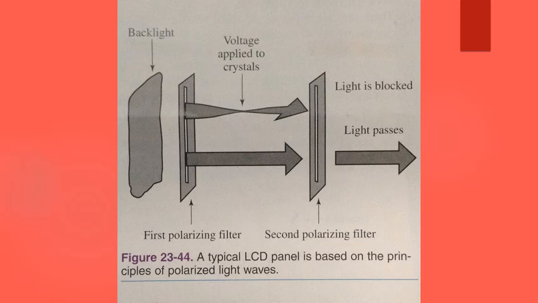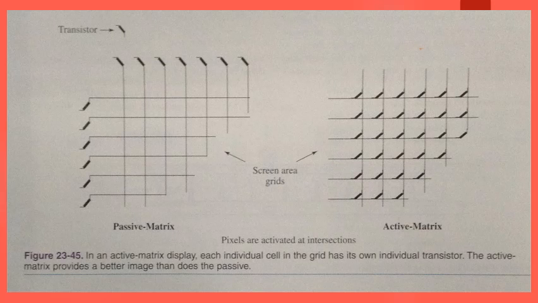The passive matrix display. There are two types of electrical circuitry used to energize the crystal area: active and passive. Figure 23-45. In a passive matrix display, a grid of semi-transparent conductors run to each crystal used as part of the individual pixel area.